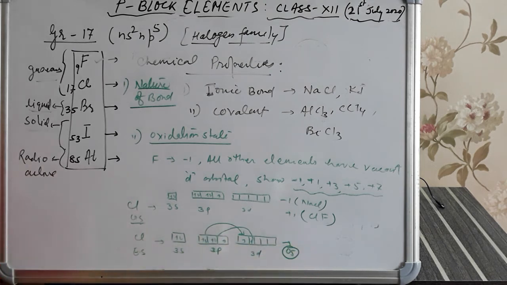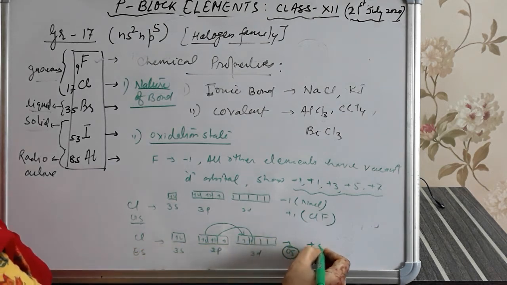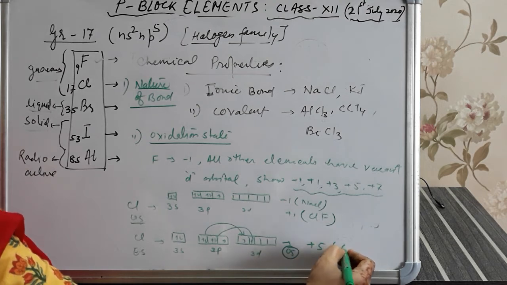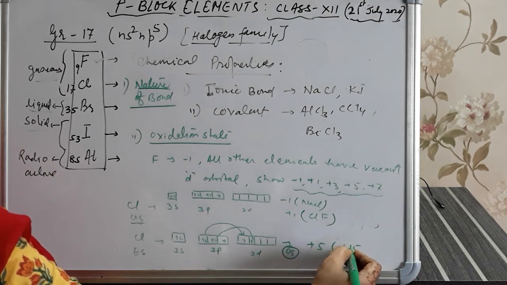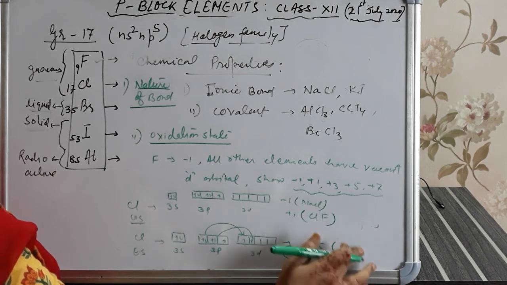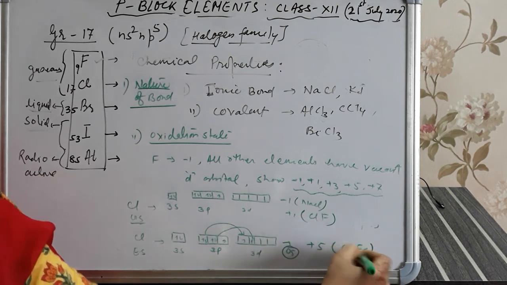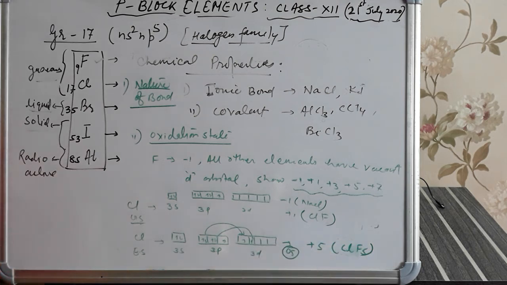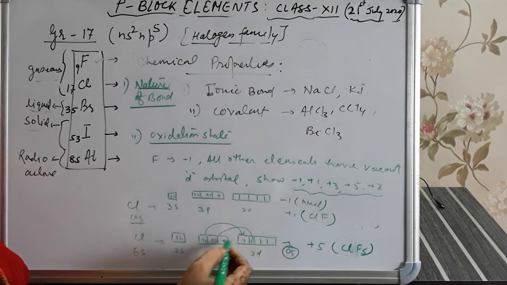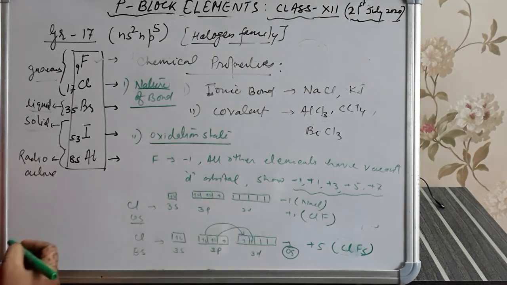So it shows the +3 or +5 oxidation state, as in the case of ClF5. It shows +5 with chlorine pentafluoride. Similarly, if only one electron goes into the d orbital, it has 1, 2 or 3 unpaired electrons, and in this way it shows the +3 oxidation state.